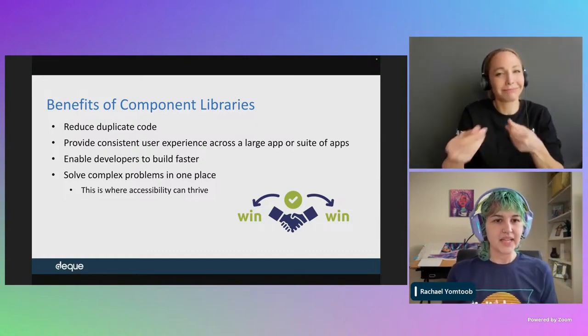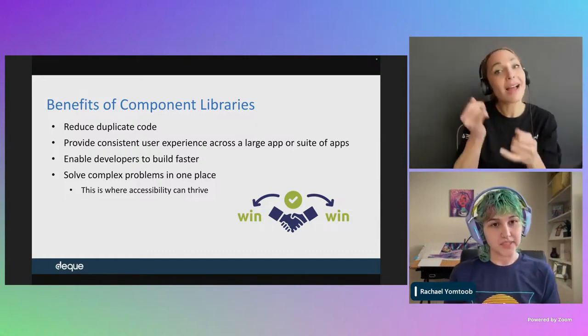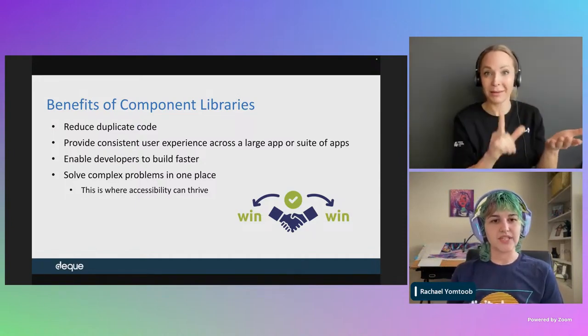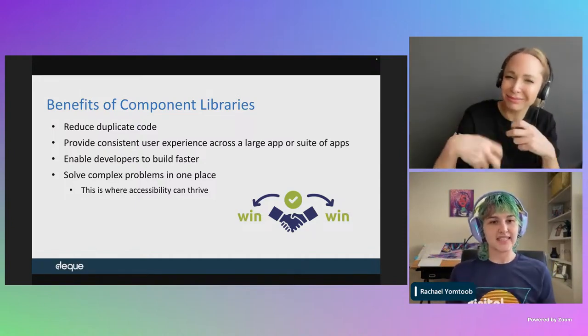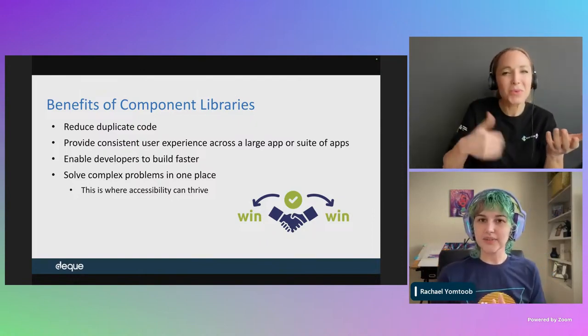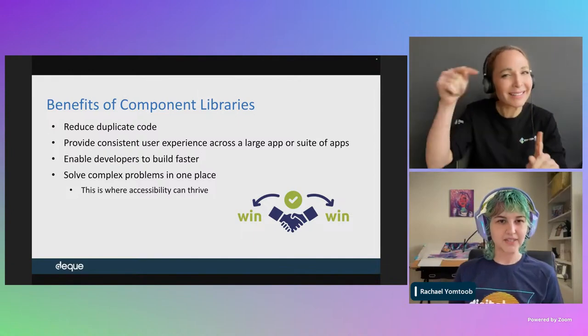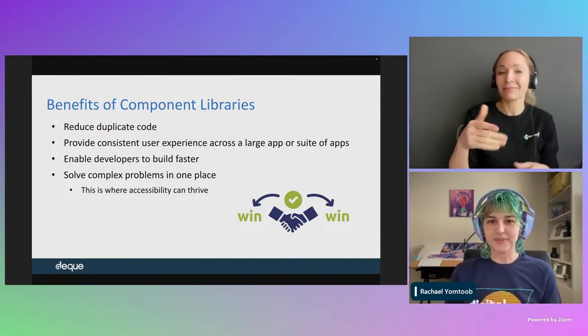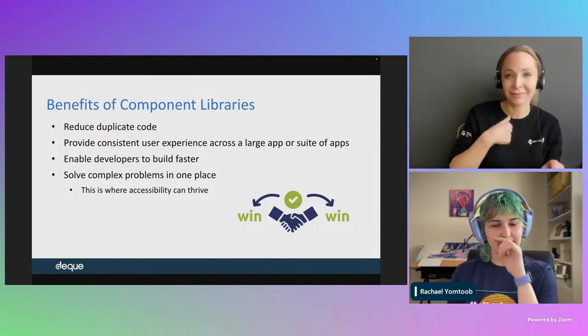And lastly, and maybe most importantly, component libraries allow us to solve complex problems in one place, which I think is exactly where accessibility can thrive. I'll share a quick story from back before COVID. I had the opportunity to go on site with one of our clients and my team lead at the time.